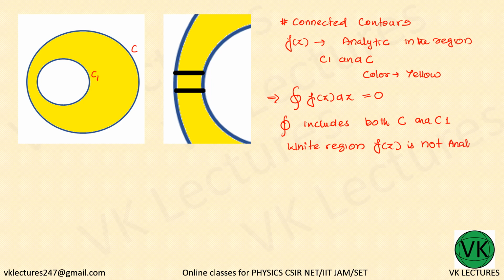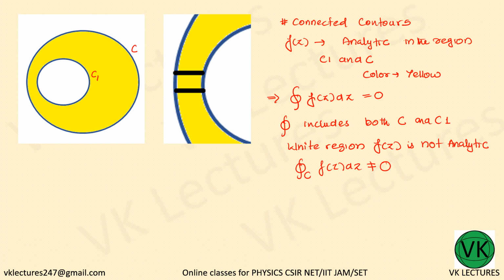That means if you consider the closed integral over the contour C only, f of z dz is not equal to 0. Only when you consider f of z in the analytic part will it be 0, because this integral behaves in this way only if there is no discontinuity. The f of z has to be analytic.